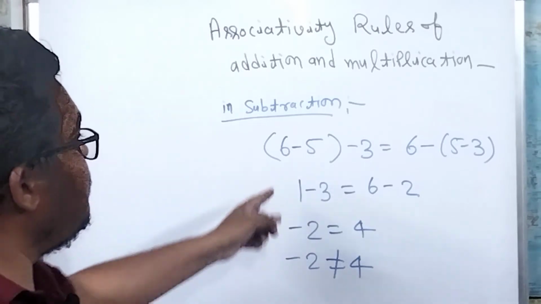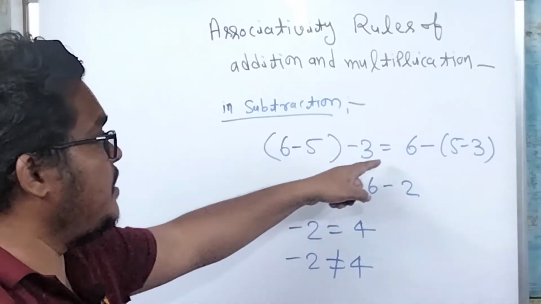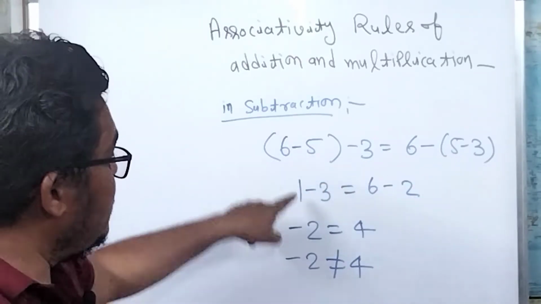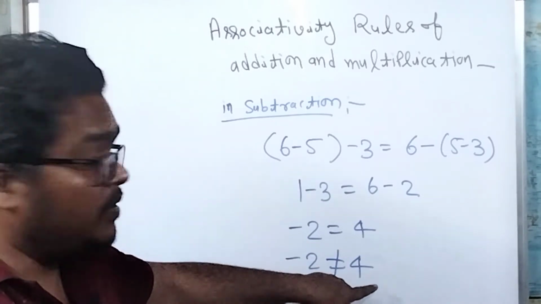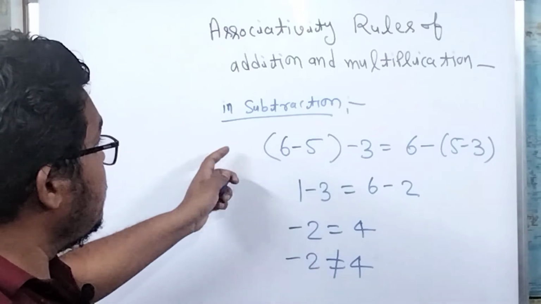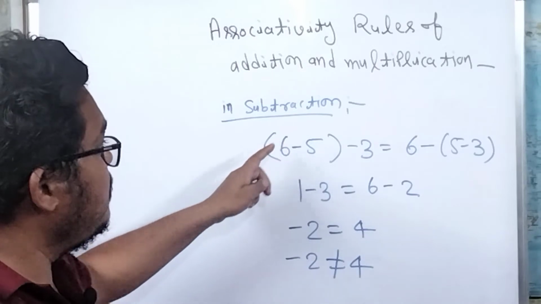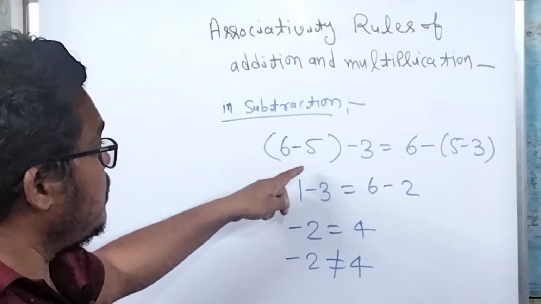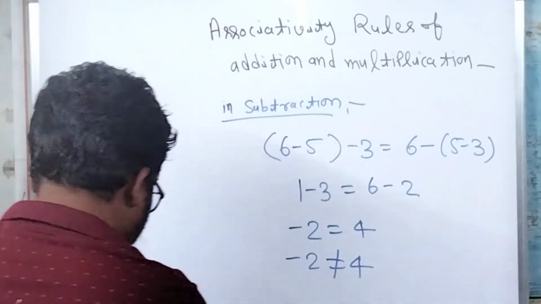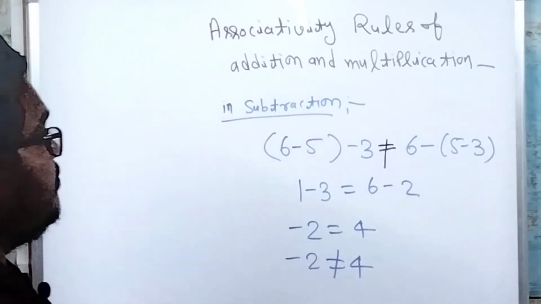Then we understand that the associativity rule is not followed in subtraction, because (6 - 5) - 3 is not equal to 6 - (5 - 3).